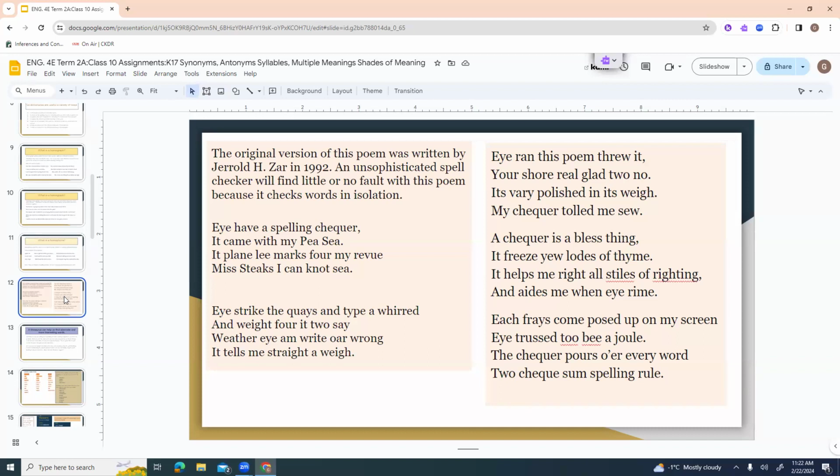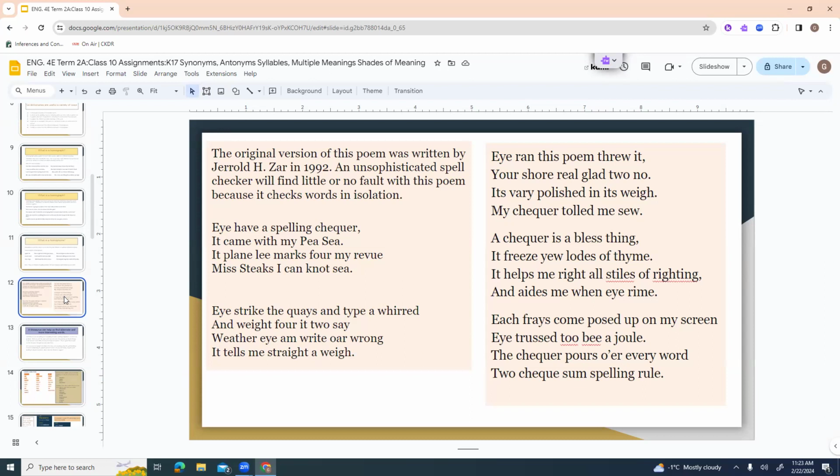I have a spelling checker. It came with my PC. It plainly marks for my review mistakes I cannot see. I strike the keys and type a word and wait for it to say whether I am right or wrong. It tells me straight away. I ran this poem through it.